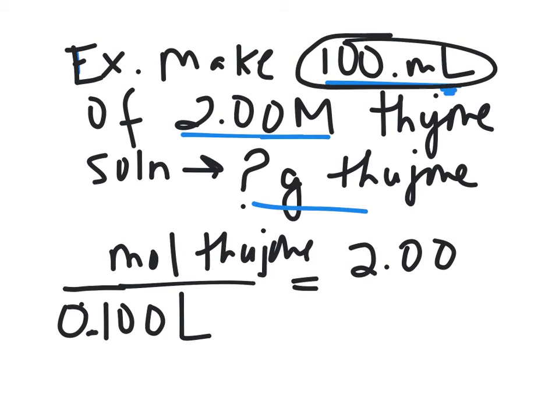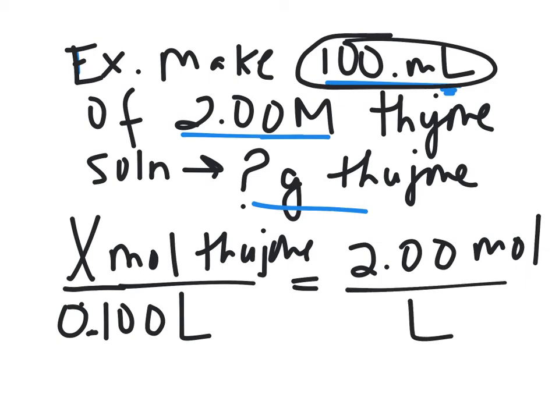We want to know how many moles then, X moles of thujone divided by the volume, which is 0.1 liters, gives us 2 moles per liter. So we could solve this particular equation for X, and that will tell us how many moles of thujone we need, and then we can multiply it by the molar mass, and that will tell us how many grams.